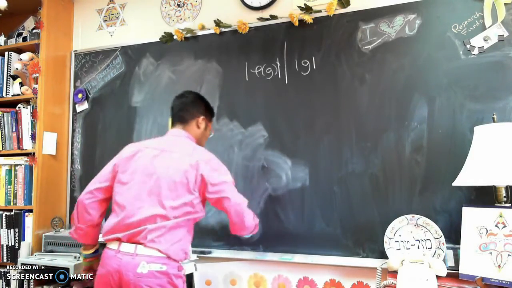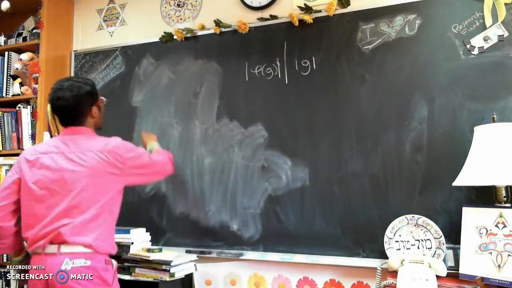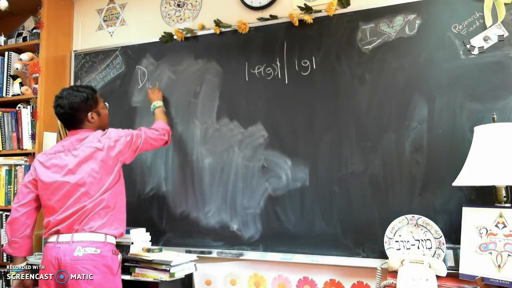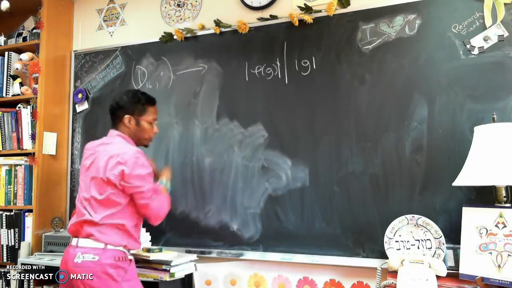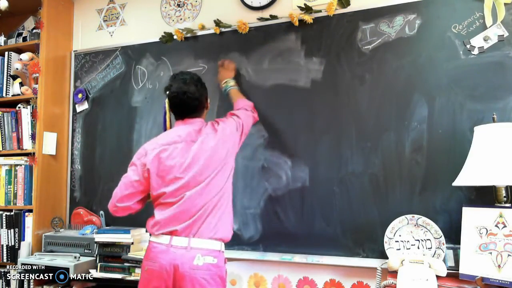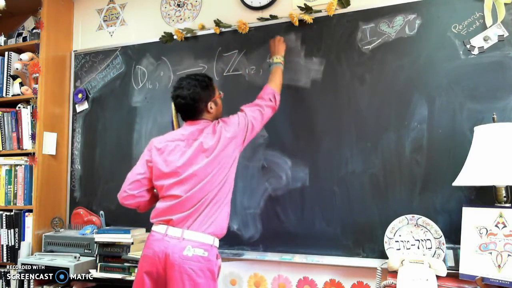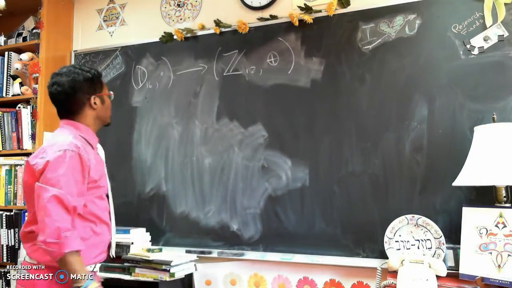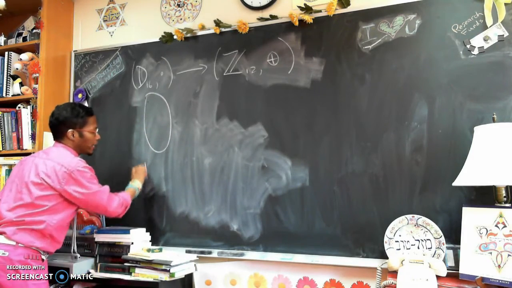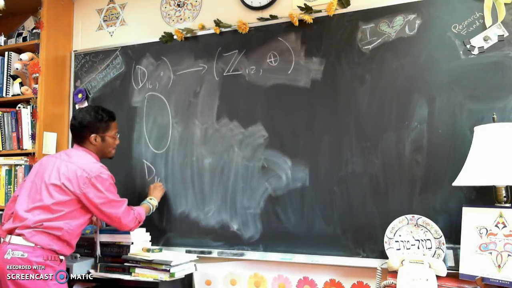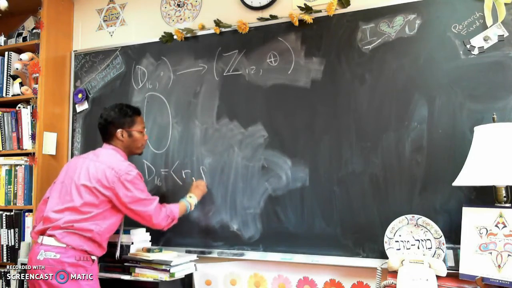So let's consider the example where we have D16, which is a group under function composition, the dihedral group with 16 elements, mapping to Z12 under addition modulo 12. It's well known that the dihedral group of a 16-gon is generated by a rotation and a flip.